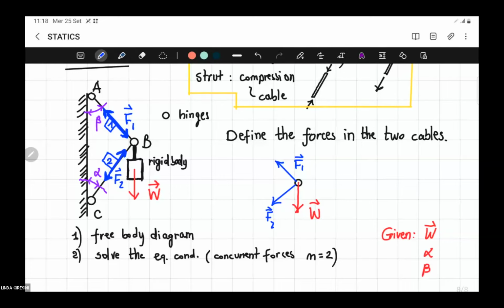When a force goes out from a node like this, it means that the object is subjected to tensile force. When the force goes inside the node, it means that the cable is subjected to compression.